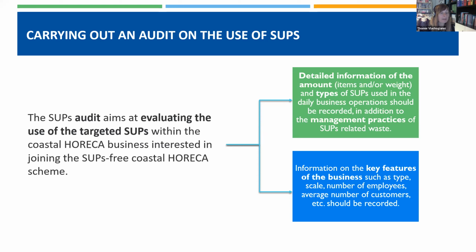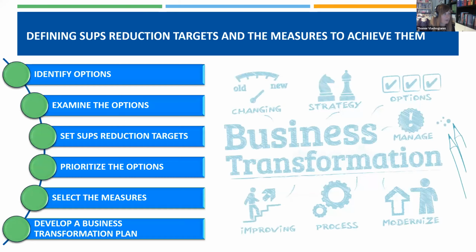And of course, complementary information is always necessary in order to interpret results, like the type of business, the scale of business, the number of employees, the average number of customers, and so on and so forth. And once this audit is in place, then through a participatory process, so in close collaboration with the business itself or the businessman, the reduction targets need to be defined. So how far can or does the businessman wish to go in terms of reducing these items used?